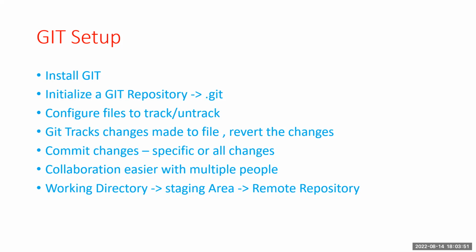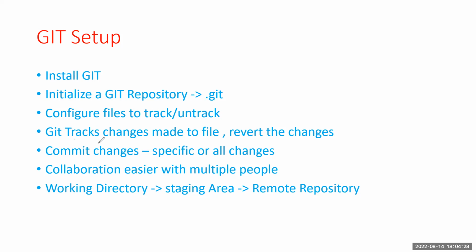For example, on a Mac, I've seen that whenever you are doing some work on Git, some default files get created, which you don't want to make part of your master repository or a remote repository. So every time you would have to say git ignore so and so file. But if you want to avoid writing that again and again, you can simply create a .gitignore file and specify all those file types or extensions which you don't want to track.